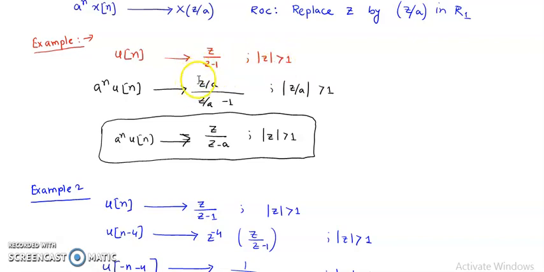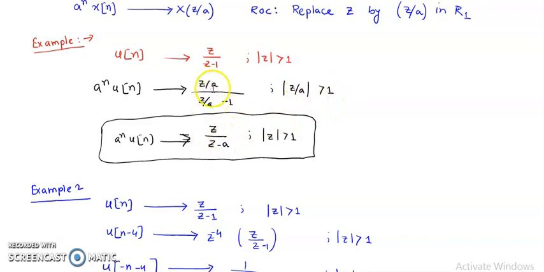So if we put this constant here, the exponent a to the power n u[n], then we have to write z by z/a. So if we put that z/a in place of z, we will get (z/a)/((z/a)-1), and this ROC is mod z/a greater than 1.